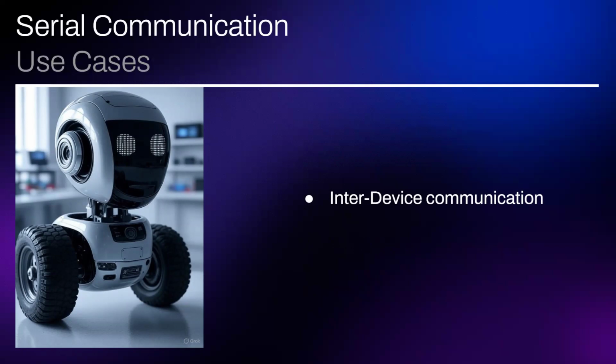So for inter-device communications, an example would be a robot I worked on at one point. It didn't look like this, but it did have that kind of separation. It had a main CPU board and a motor control CPU board. We used the Robot Operating System, in which you have these streams called topics, and it's just a stream of data.